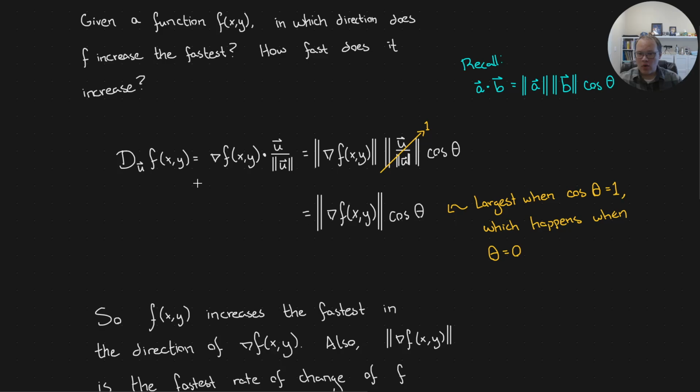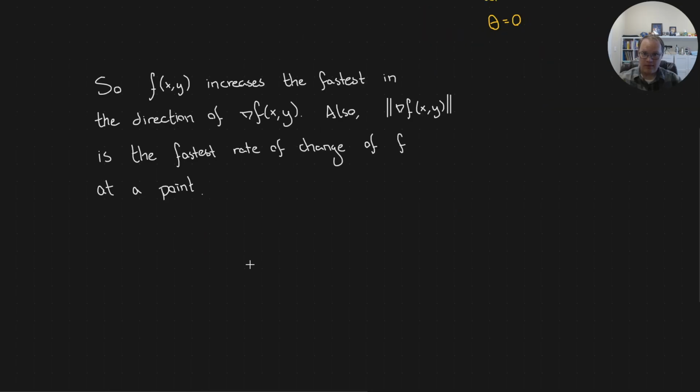So this would have the smallest value when cosine of theta reaches a minimum, since the norm of the gradient would be held constant at any point. The lowest value cosine of theta could be is -1, and that happens when the angle is pi. So that would happen when the direction we're pointing in is exactly opposite to the gradient of f. Okay?